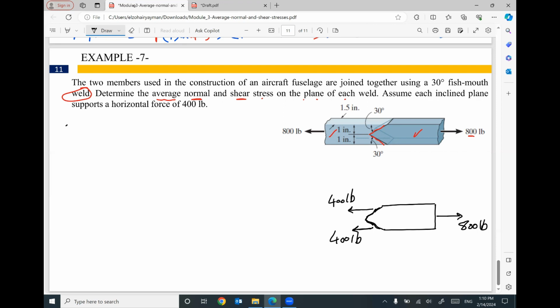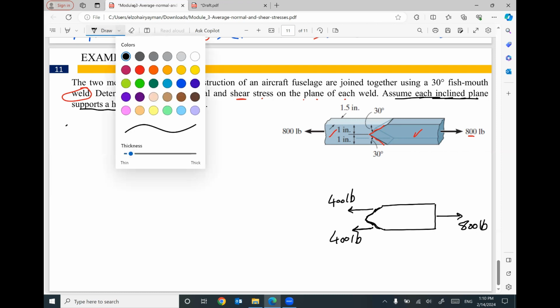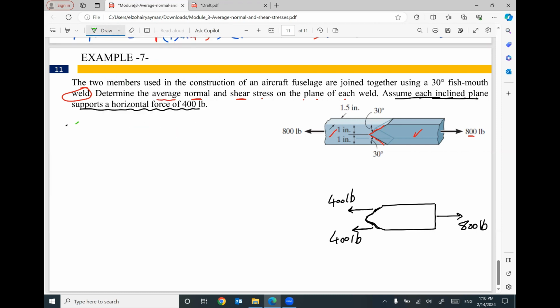And also the problem said this, assume each inclined plane supports a horizontal force of 800 pound. That makes sense? So we need to calculate how much average normal and shear stress on this one and also on this one. If you did it for one plane, it will be the same on the other one.